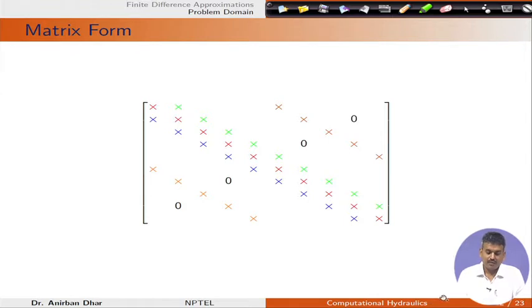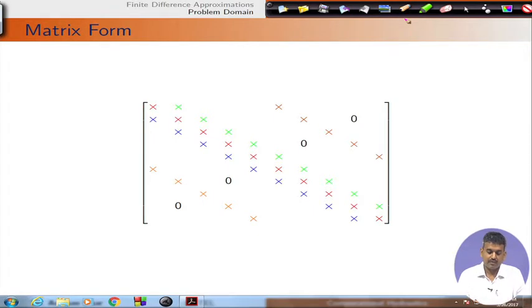Interestingly, for interior points we will have 5 coefficients: for L minus 1, L plus 1, L plus m plus 1, and this is for L minus m plus 1.